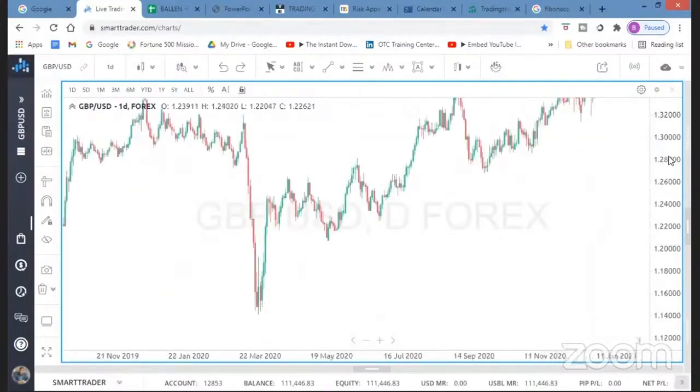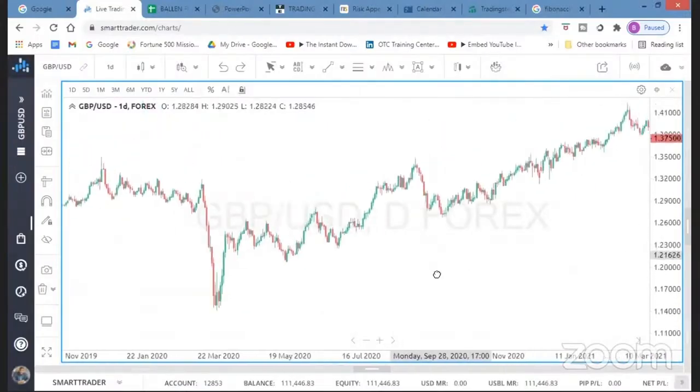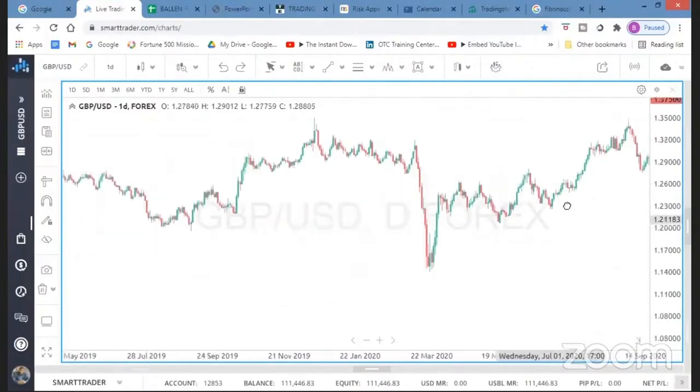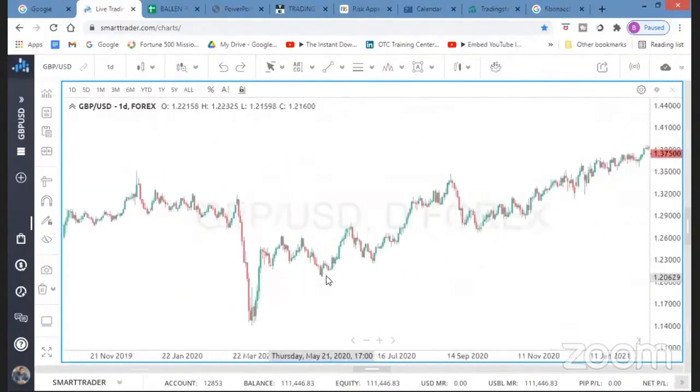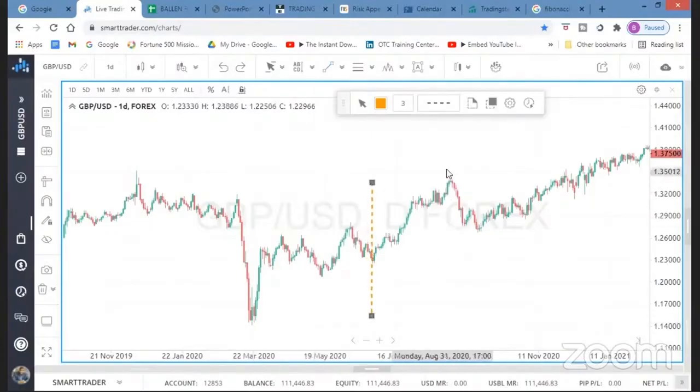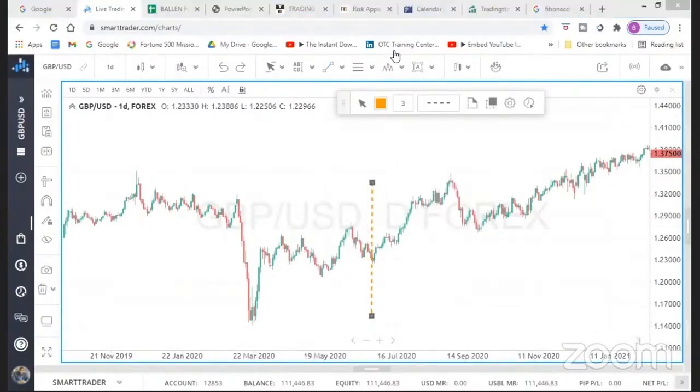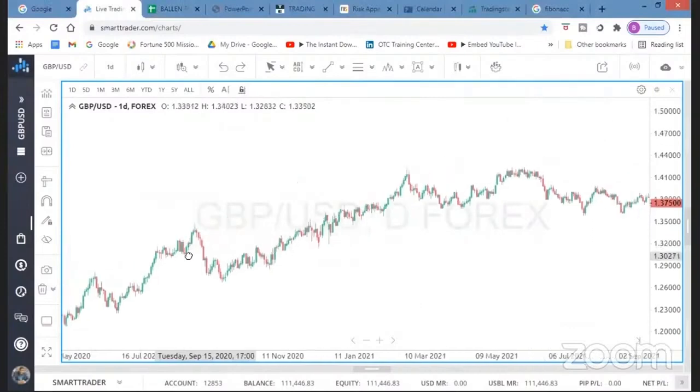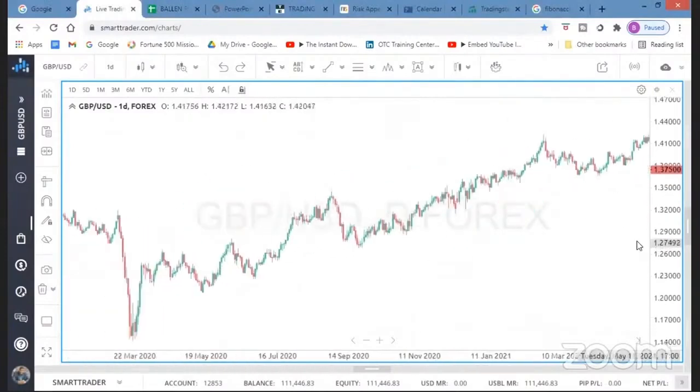So if we're looking at this chart, I don't care if you're brand new or you've been trading forever, does this market move straight up and down, or does it move in waves? It moves in waves. So we have to agree on that. That's all it is for now. We have to agree that this market that we see right now is moving in waves.